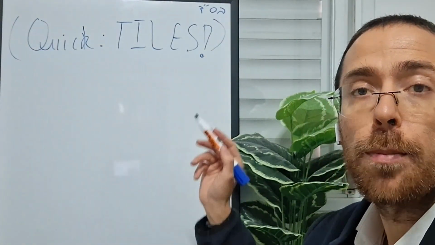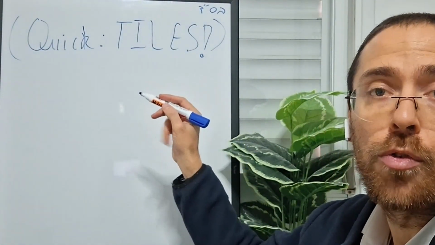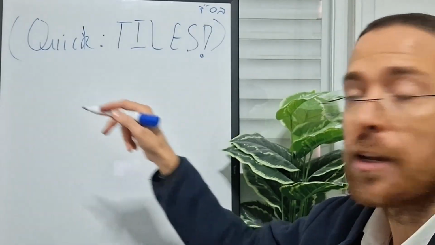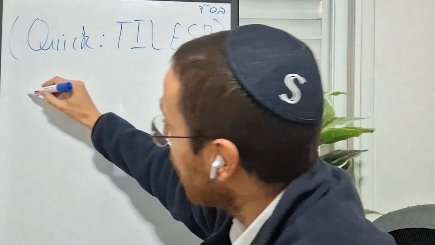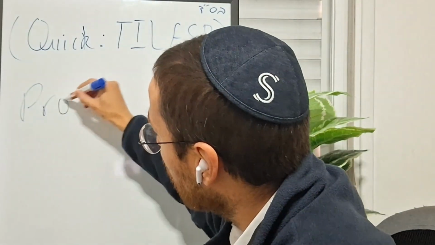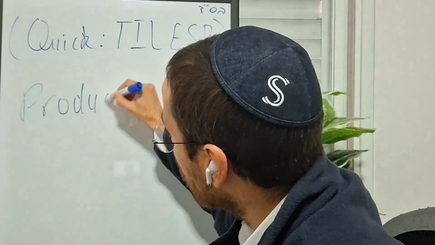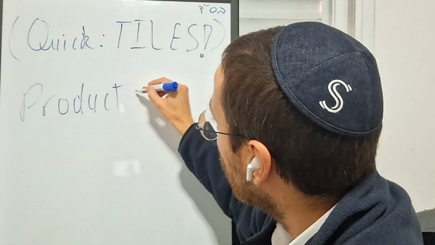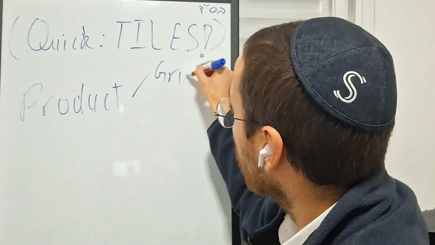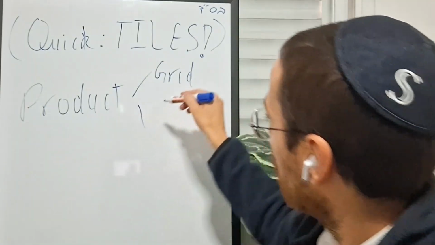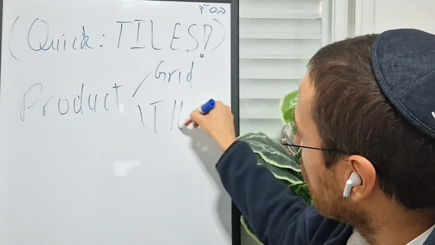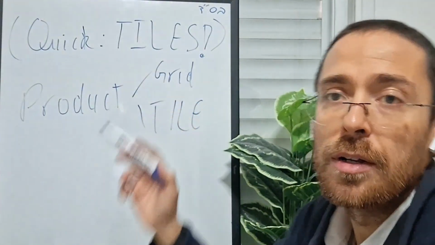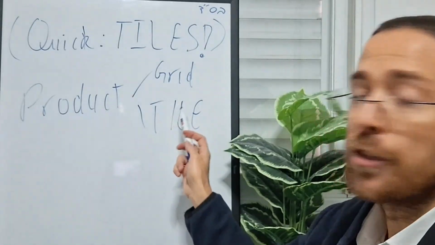So I want to explain to you what tiles you should use in your brand store to get the highest conversion rates possible. Okay, let me give you a quick word about what product tiles you need to use when you're making those category and subcategory pages. And basically you need primarily, for showing the products, a product grid or a product tile, meaning an individual product tile.